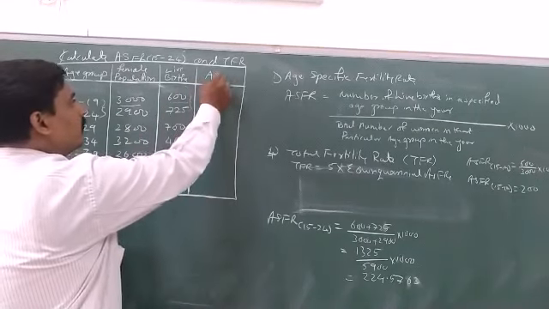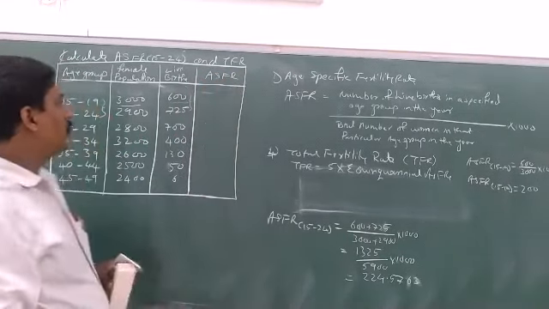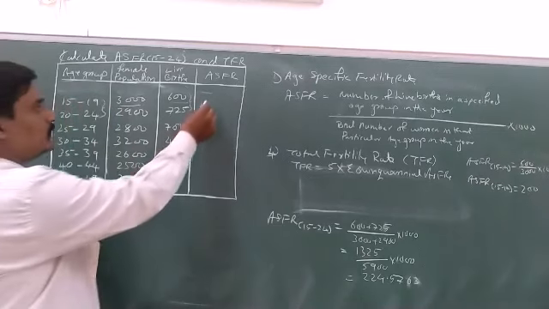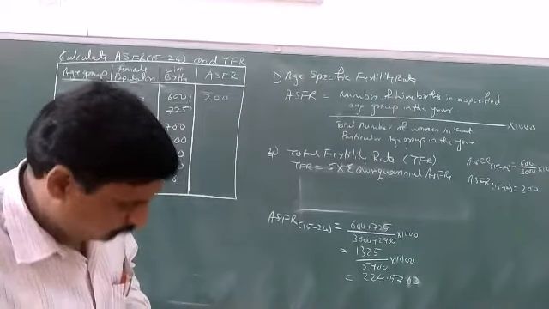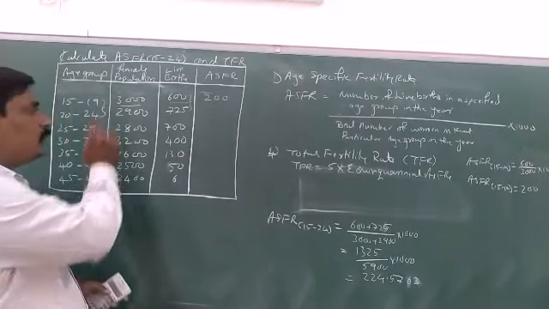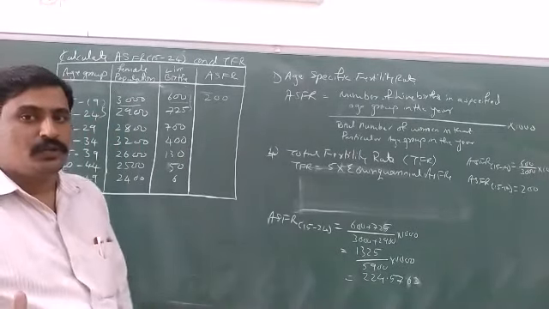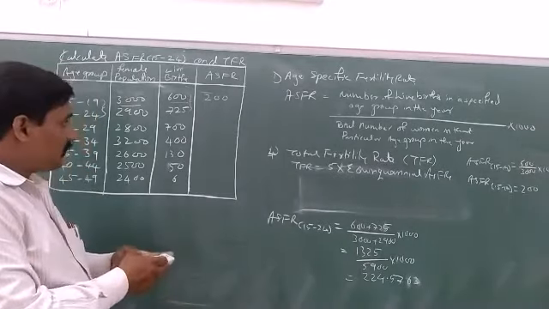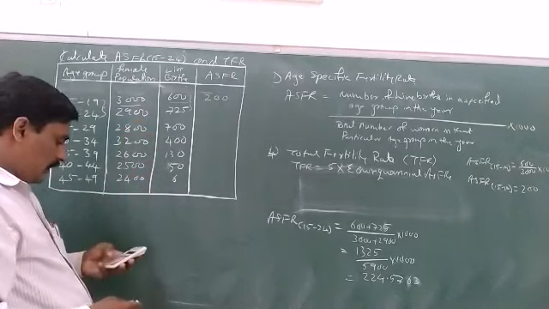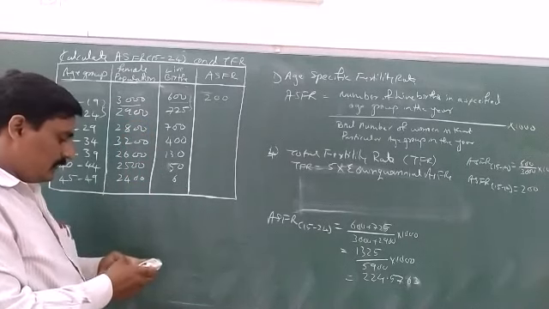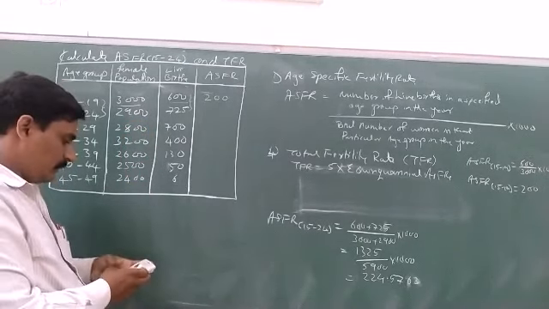I write here, ASFR for the first, 15 to 19, age group is 200. And the next, second one, 20 to 24. For the 20 to 24 age group, ASFR is 725 live births divided by 2900 females into 1000.